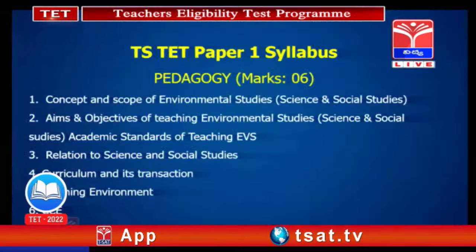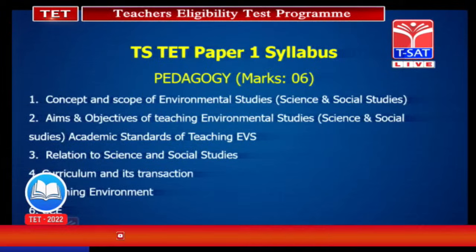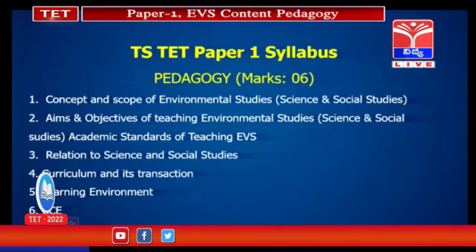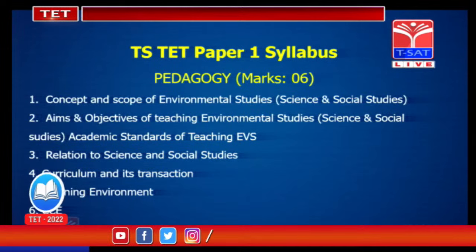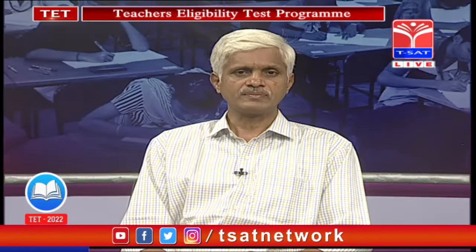Another important point in our EVS methodology is the aims and objectives of EVS. Why should we read aims and objectives? What is the aim of reading EVS? To observe nature, to have some process skills. What are process skills? Classification, explanation, giving reasons.